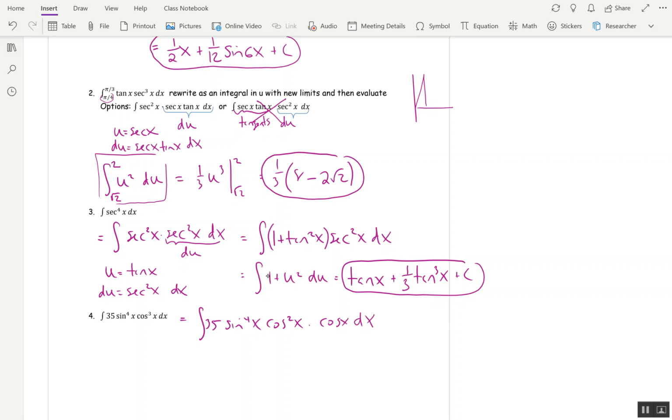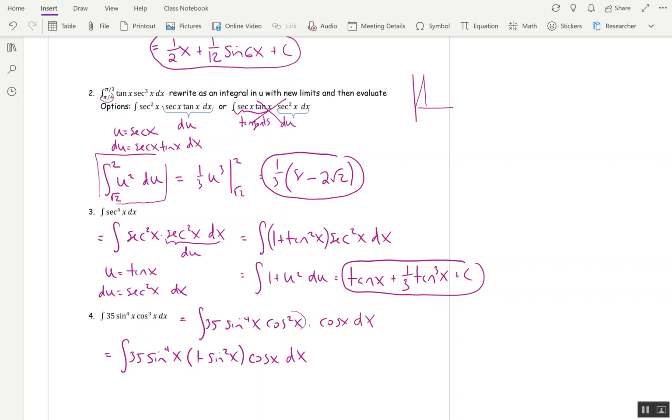Now I can turn these cosines into sines by using the Pythagorean identity. Cosine squared plus sine squared is 1. So this is the integral of 35 sine to the 4th x, and then cosine squared is parentheses 1 minus sine squared, and then I've got my cos x dx. You have to use parentheses there, it's not optional.